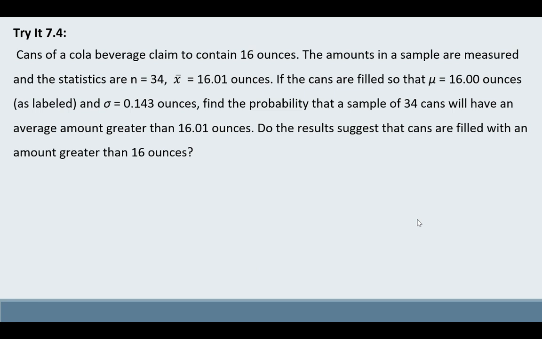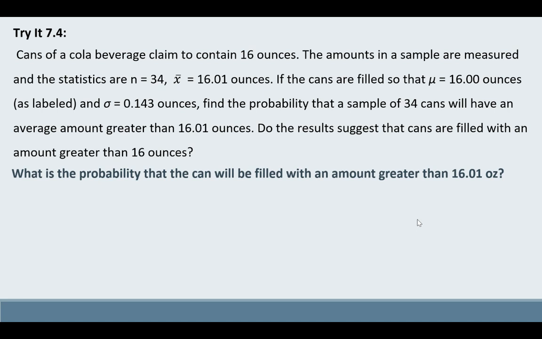Do those results suggest that the cans are filled with an amount greater than 16 ounces, which is what it's labeled as? So what is the probability that the can will be filled with an amount greater than 16.01 ounces?